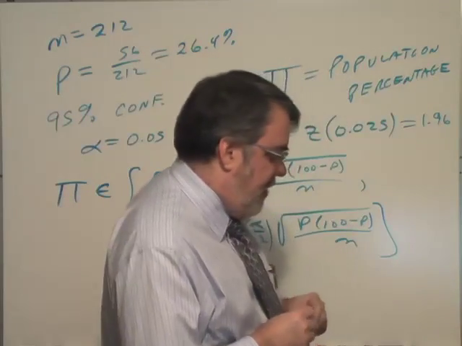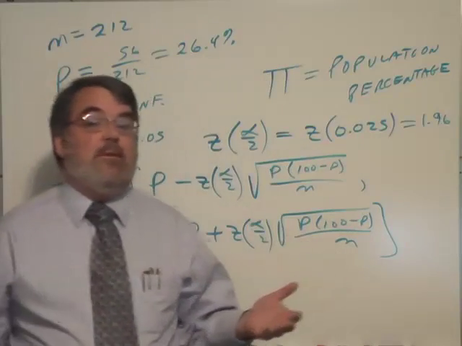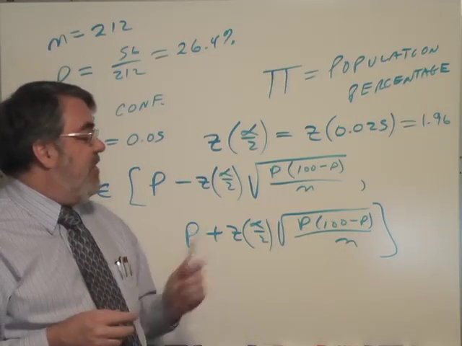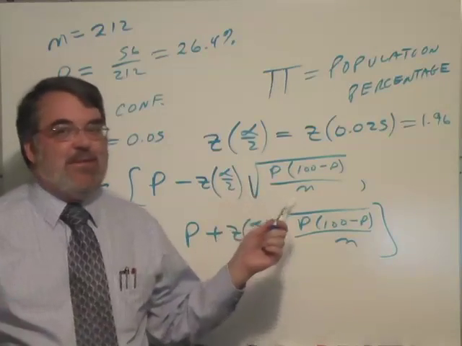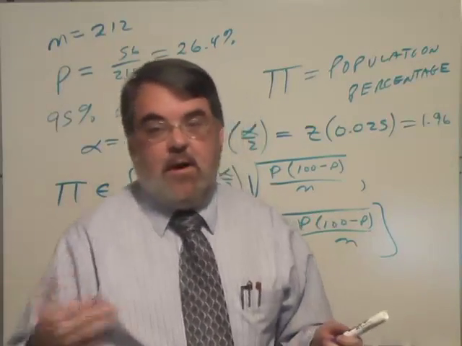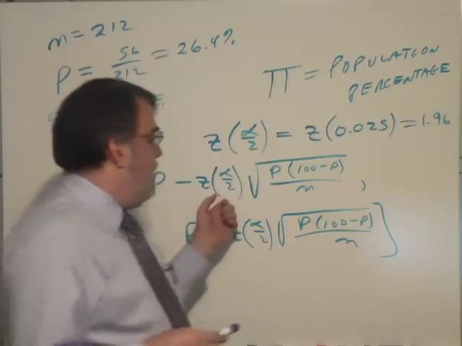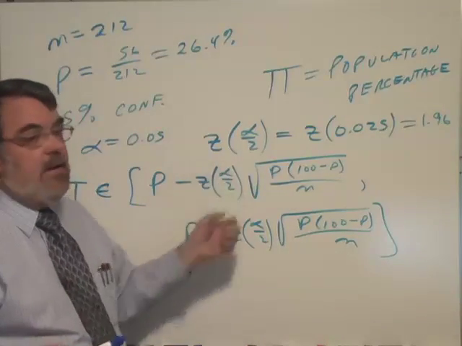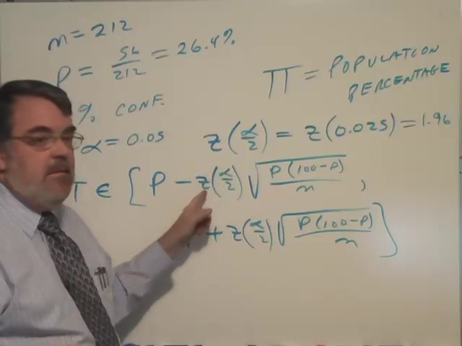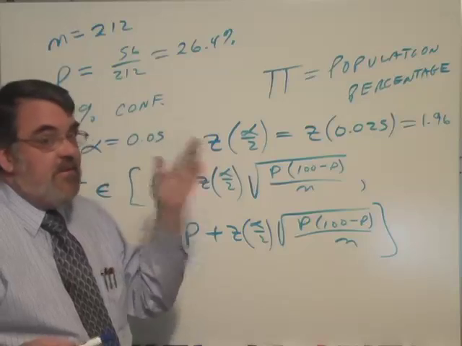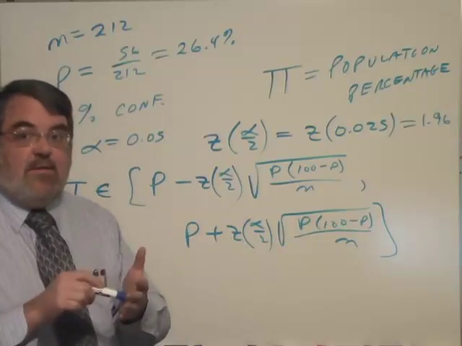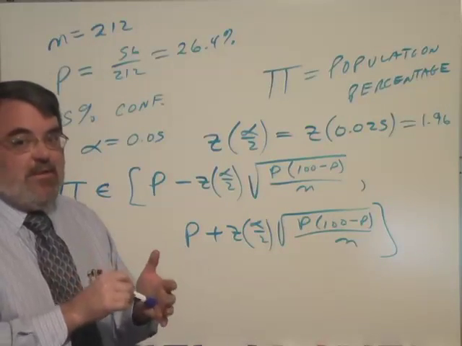The textbook is sort of assuming you're always going to use 95% confidence, so they just put the number 1.96 there. They sort of cut to the chase. But if you wanted to change your confidence level, this is more broad. Whatever your confidence level is, you would need to calculate that z-score. It's not always 1.96, unless you always use 95% confidence.